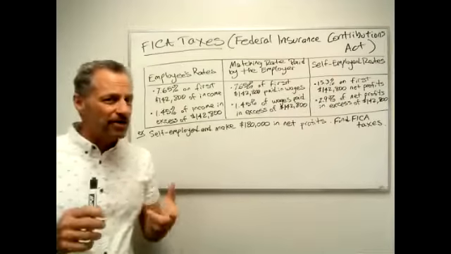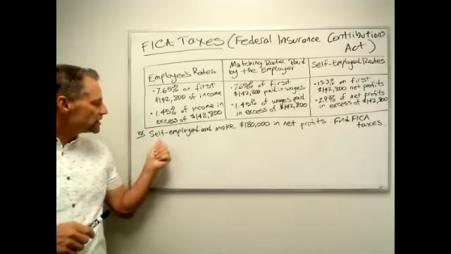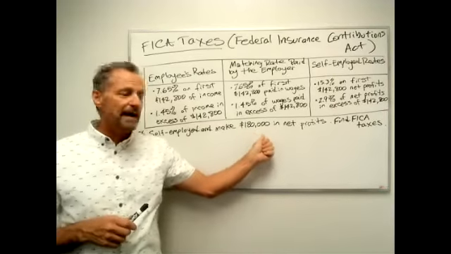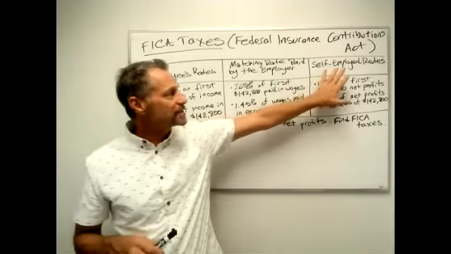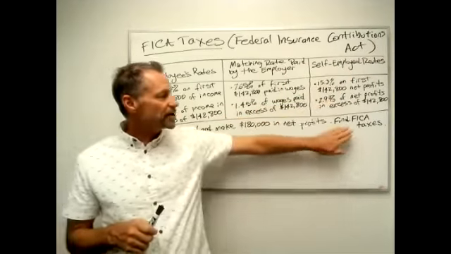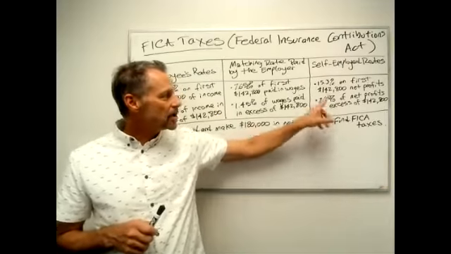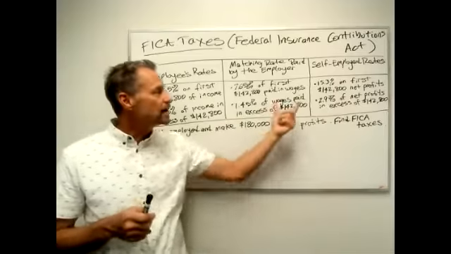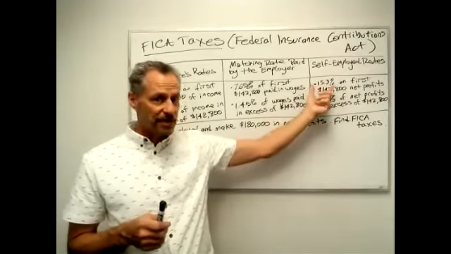So let's do a problem so you can see how this works. So suppose we're self-employed, we make $180,000 in net profits. Okay, so in this last column, because we're self-employed, we want to find our FICA taxes. So on the first $142,800, we made more than that. We're going to pay 15.3%.